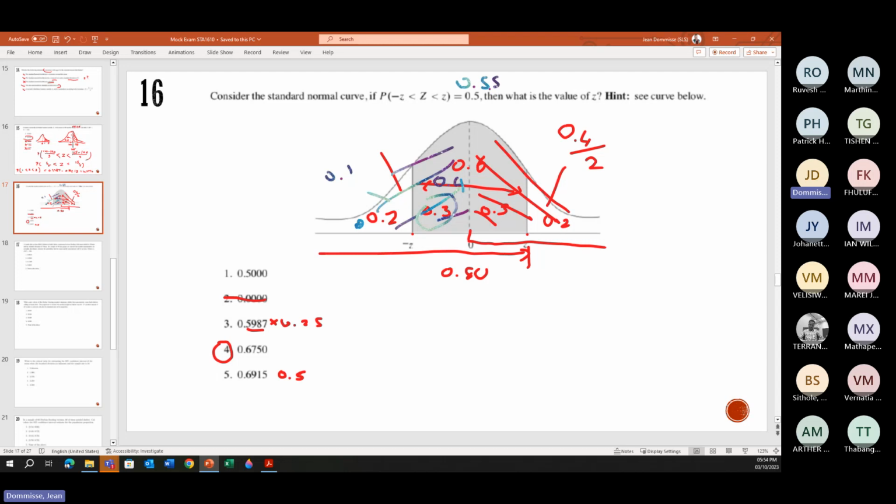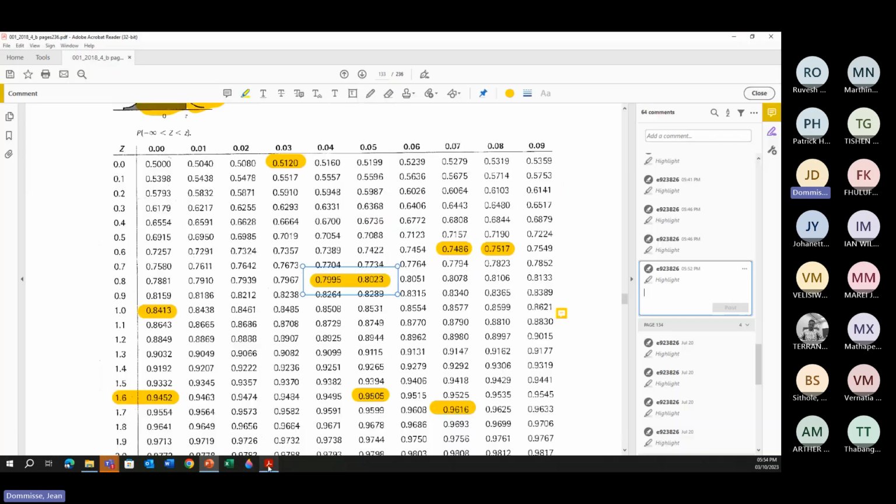They could have, yes, they could have asked for minus Z as well. So if they've asked for minus Z, you would need to look for the 0.2, or now in this example, the 0.25. Obviously here you would see there's no 0.2.